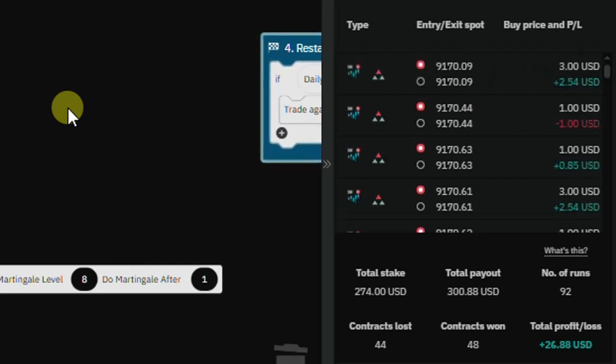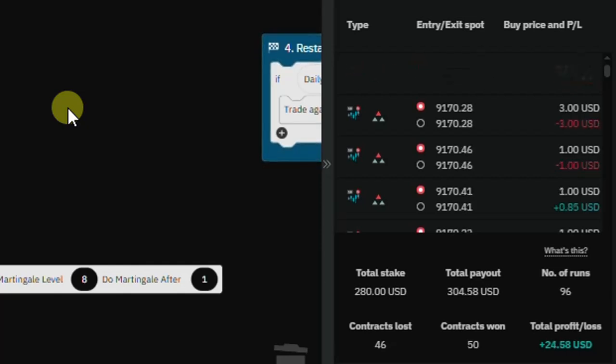Okay, and then over some time you should be able to get some profits, and you can clearly see we are currently at $28.58. So very soon we should be hitting our take profit of $30, and that is a strategy I have shared with you here.